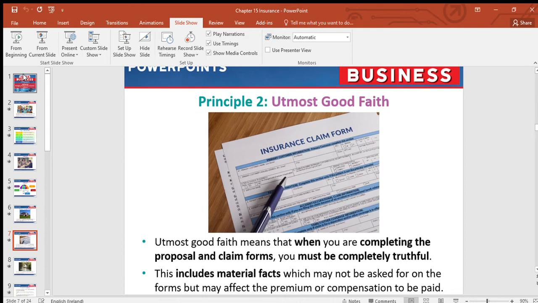Which may not be asked in the form, but it can affect the premium. So sometimes there are certain things that won't be on the form, but it's up to you to tell the insurance company. So you've general stuff in the form, like if it's health insurance, they'll ask you, are you a smoker?